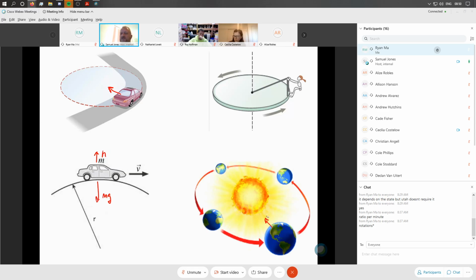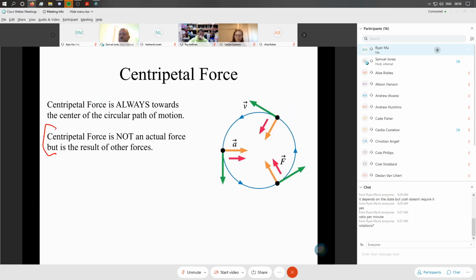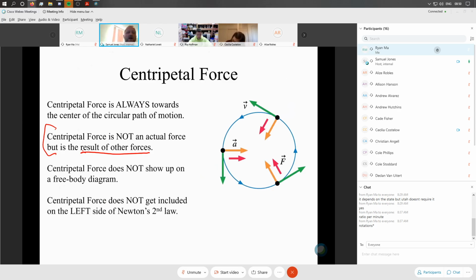Okay, so hopefully with these examples in mind, what I'm going to say next makes better sense. Centripetal force is not an actual force, but is the result of other forces. I'm hoping that makes sense, if nothing else. Okay, here's the next one. Centripetal force is not something you would draw on a free body diagram because it's not an actual force.